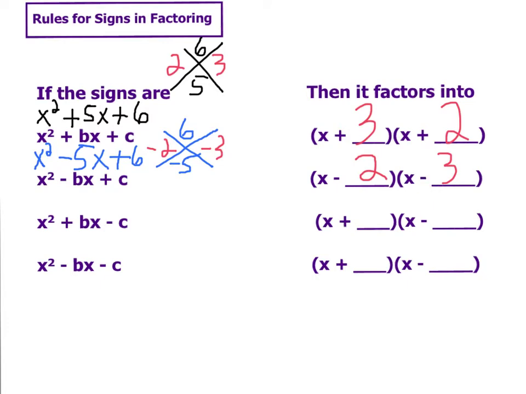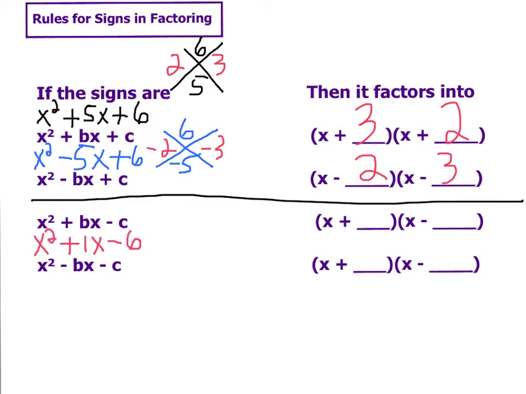Let's look at our next example. In this example, we have x squared plus bx minus c. And so what will happen here is one of our factors will be negative and one will be positive. And let me show you how to determine that.